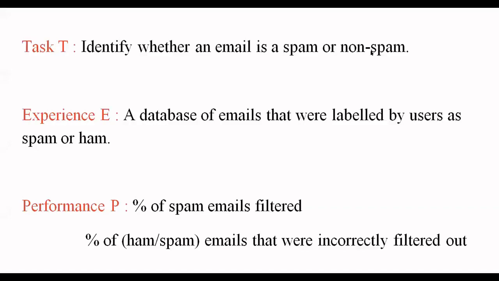And the performance is the percentage of spam emails filtered, divided by the percentage of emails that were incorrectly filtered, meaning they were not spam, but our algorithm misclassified them. Hope the concept of these three parts is clear, as these things are quite important for the upcoming topics.